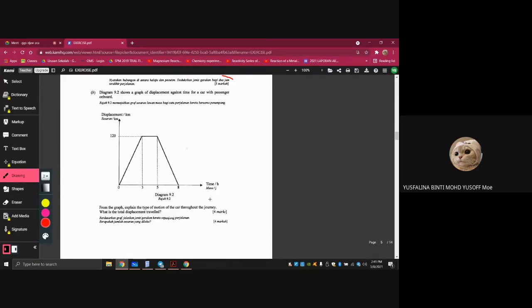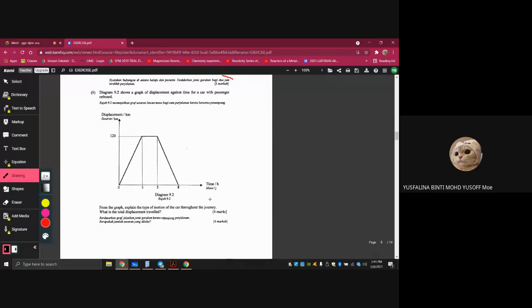Alright, so let's see the answer. Okay, so read the question. Diagram 9.2 shows a graph of displacement against time for a car with passengers on board. From the graph, explain the type of motion of the car throughout the journey. And what is the total displacement traveled?